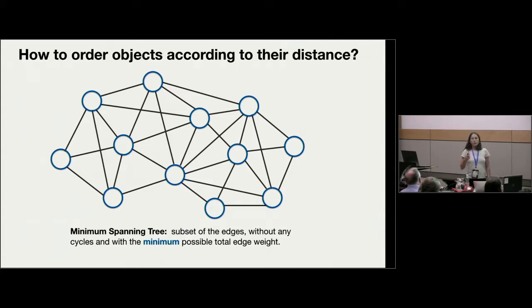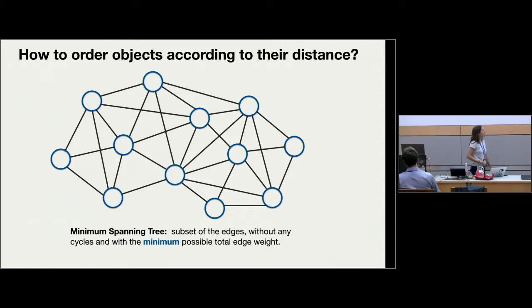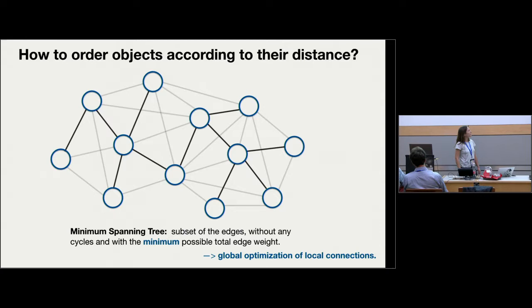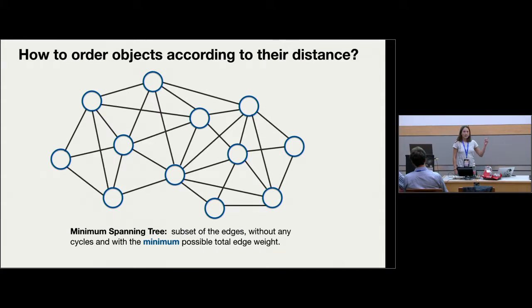What we're looking for is a structure called a minimum spanning tree. A minimum spanning tree is unique, so again, I have no choices. It's a unique structure given a fully connected graph, and it is a subset of the edges such that I have the minimum possible total edge weight. So this is the minimum spanning tree of this graph.